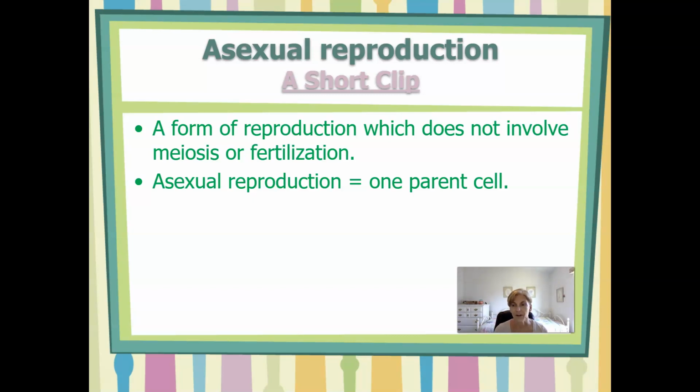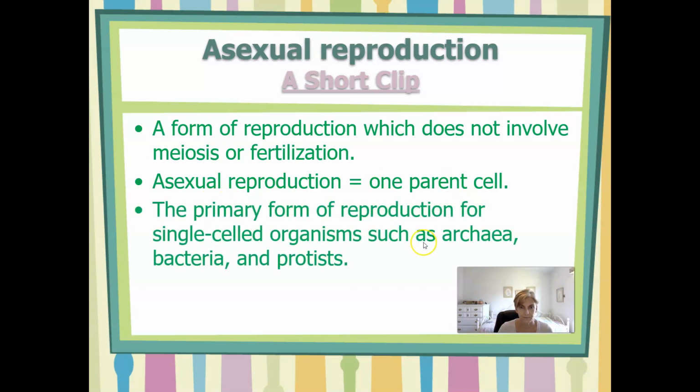So again, I find it very important to refer to cell rather than individuals, right? Because individuals can also go through sexual reproduction by combining two of their own cells. So asexual, one cell. The primary form of reproduction for the more simple organisms, single-celled organisms such as archaebacteria, which are your extremophiles, like the ones that are found in the Dead Sea, for example, or in the volcanic vents.